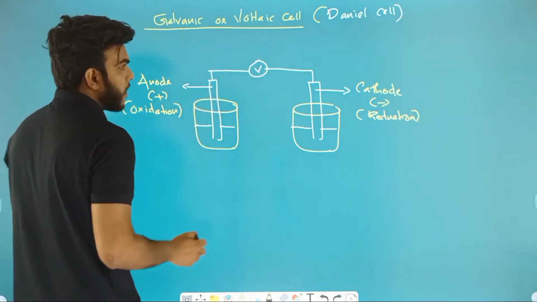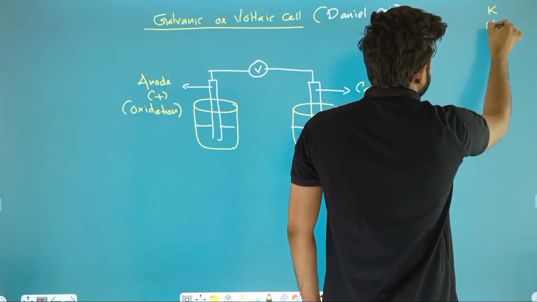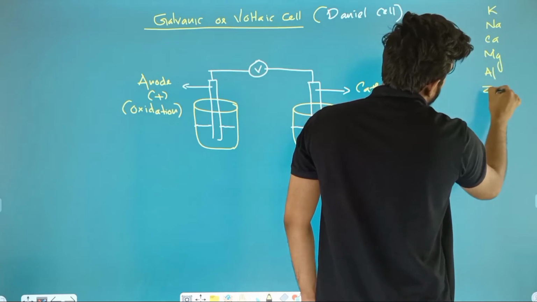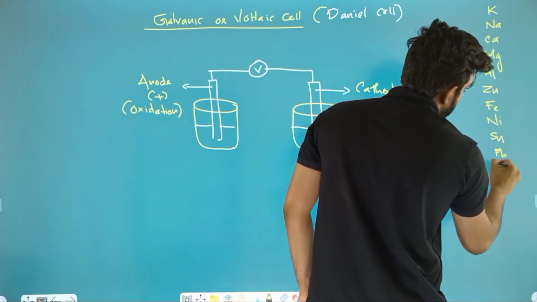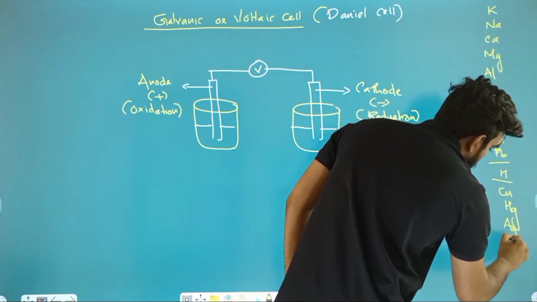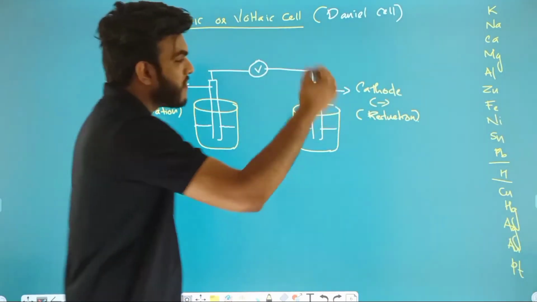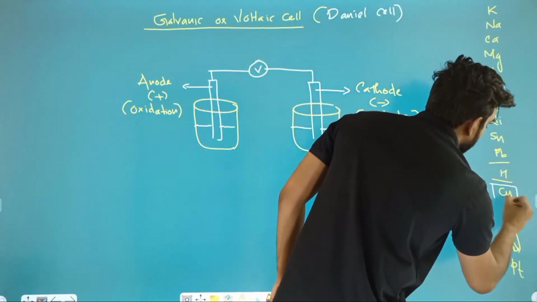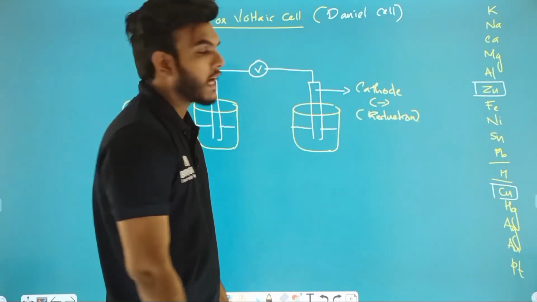In the reactivity series, K Na Ca Mg Al Zn Fe Ni Sn Pb H Cu Hg Ag Au Pt, this is the general reactivity series. If I am considering zinc and copper, the top element will act as an anode and the bottom element will act as a cathode.